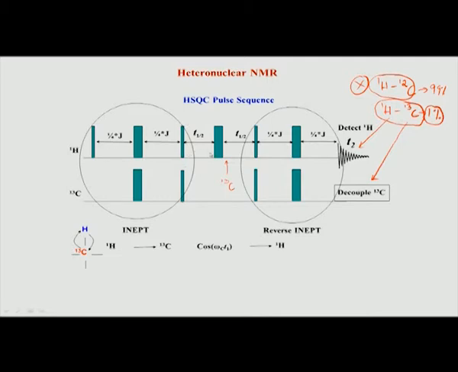We are not going into mathematical details, I am just qualitatively explaining why there is no F1 splitting in HSQC, which is because the hydrogen, during this portion when the carbon 13 is having a chemical shift evolution, is along the z axis, and when the proton is along the z axis, it cannot be coupled to any other proton.